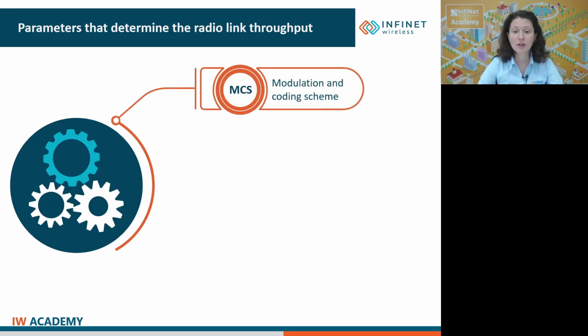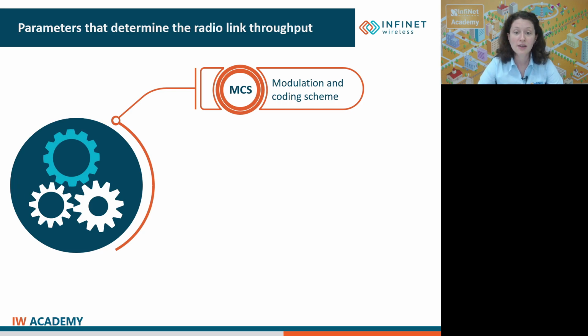The modulation and coding scheme parameter is a very important one because the throughput is directly related and correlated with the modulation level. The InfiLINK XG and InfiLINK XG1000 support 11 modulation schemes from QPSK until QAM256 and QAM1024.